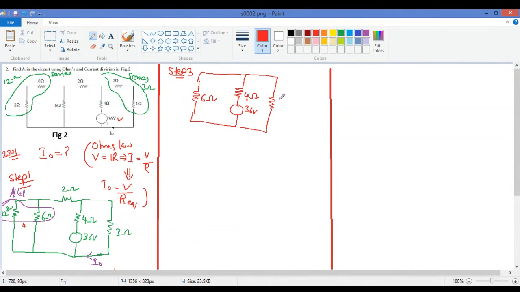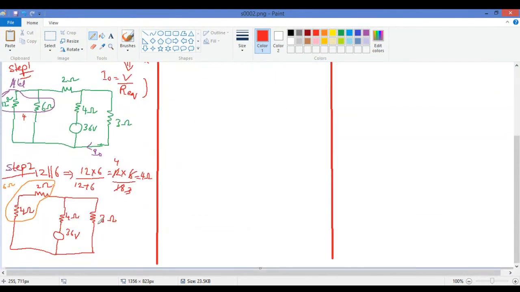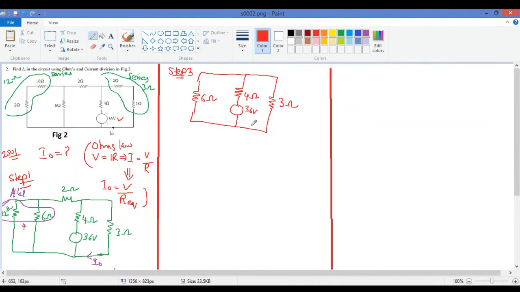This is 3 ohms. See, this is what I have written: 6 ohm, 3 ohm, 4 ohm, 36 volts. Okay, and here you have current I naught.